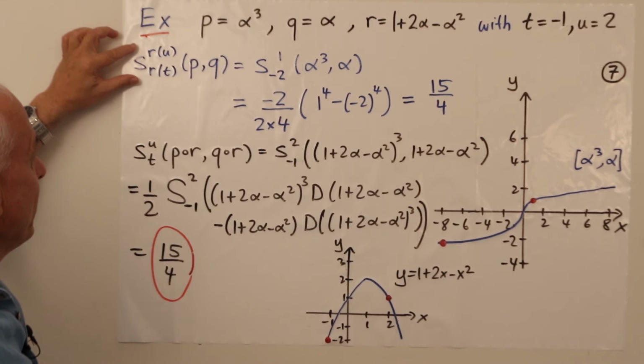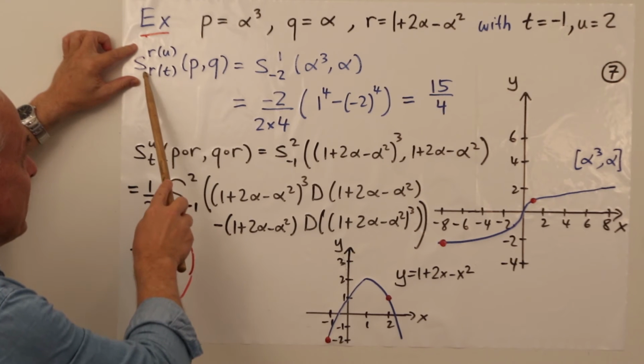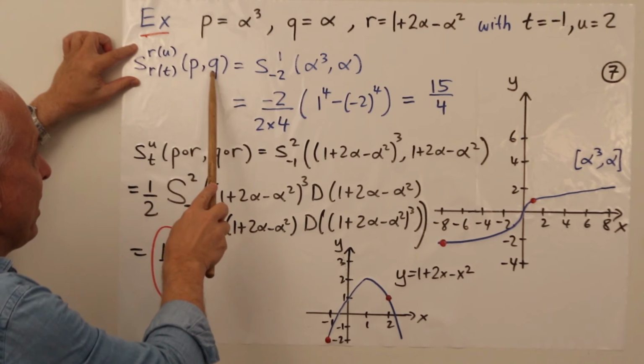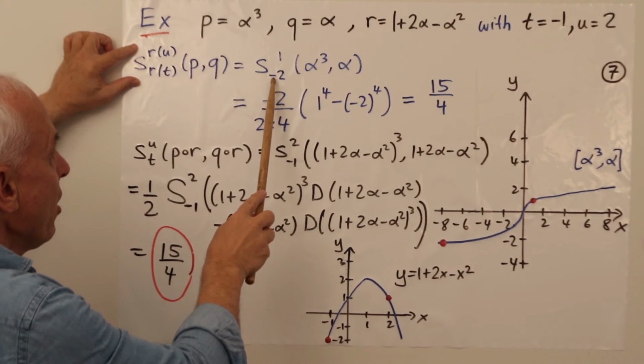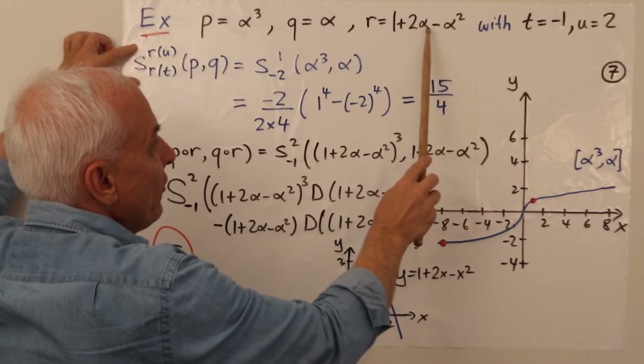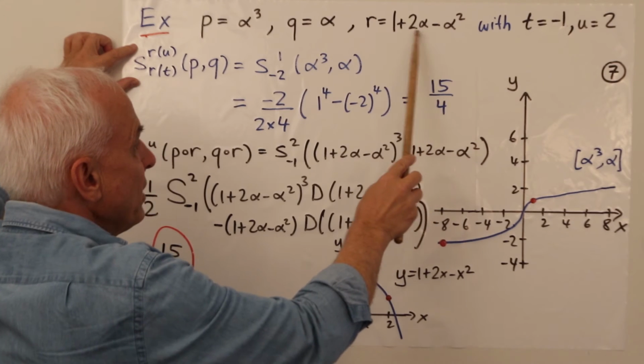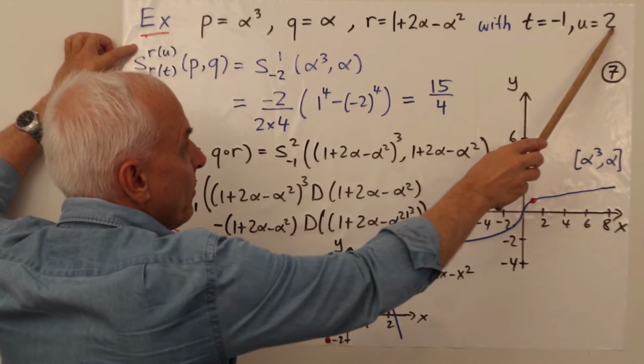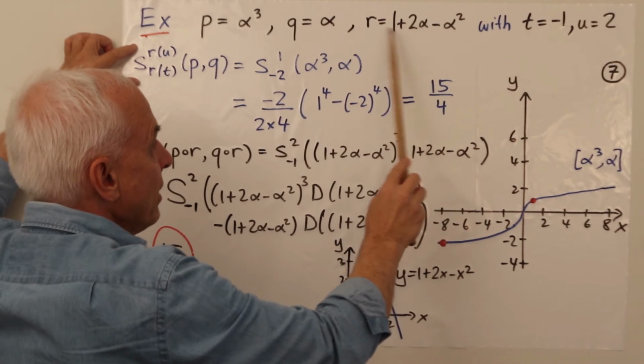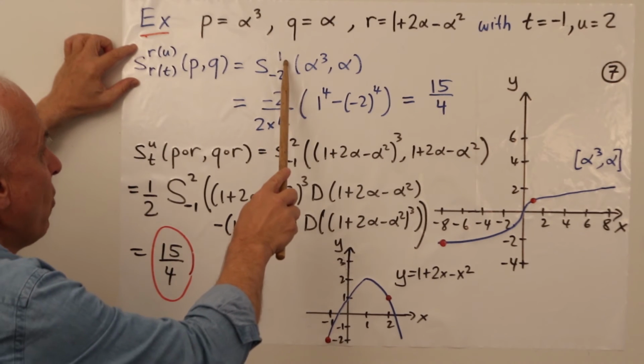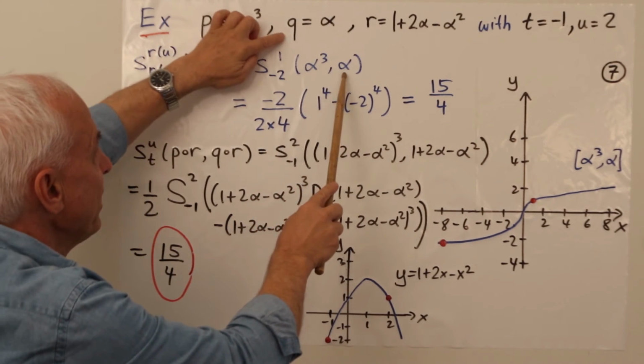Okay, so the one side of the equation is s from r of t to r of u of pq. So we're going from r of t. When t is minus 1, plug that in there, we're going to get minus 2. And when we plug in 2, we get 1. So we're going from minus 2 to 1, just integrating alpha cubed and alpha.